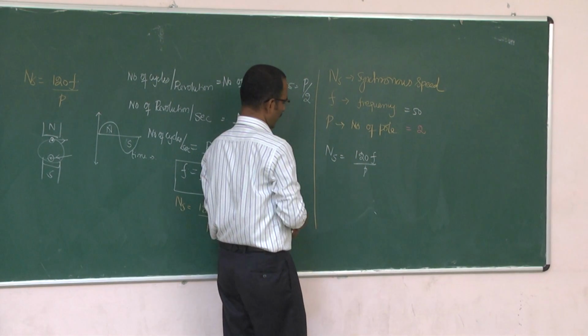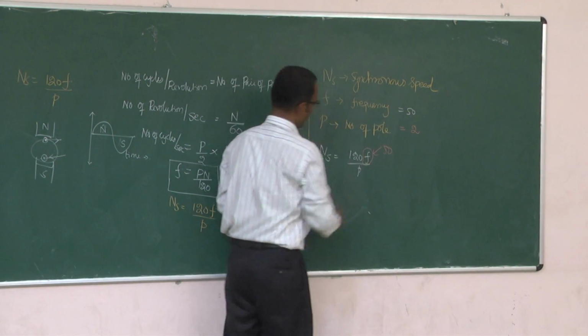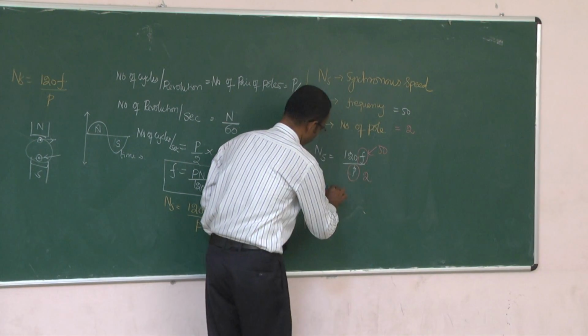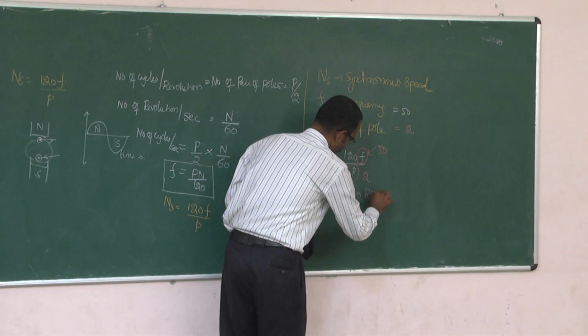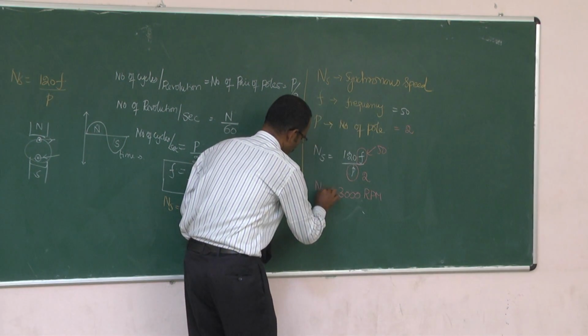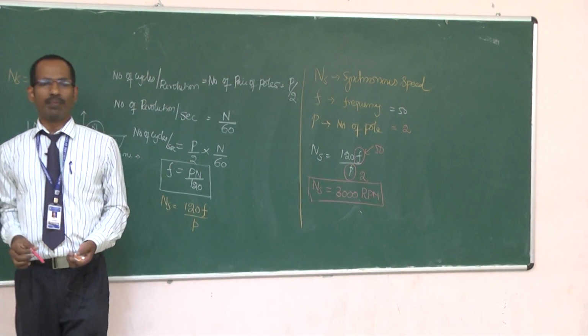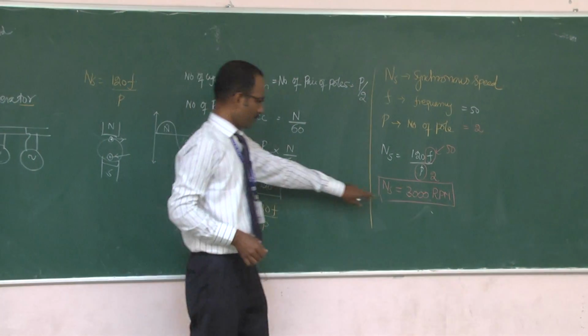Instead of F, we substitute 50, and for P, we substitute 2. The final answer is 3000 RPM. So the maximum possible speed of our Indian alternators is 3000 RPM.